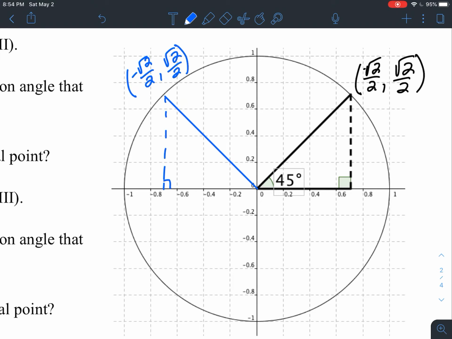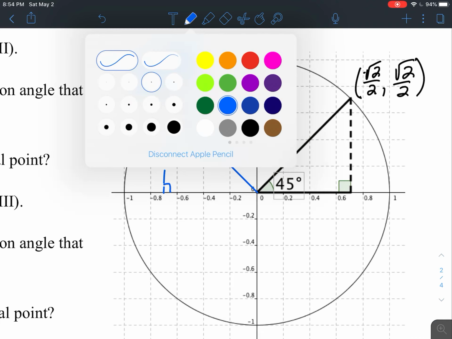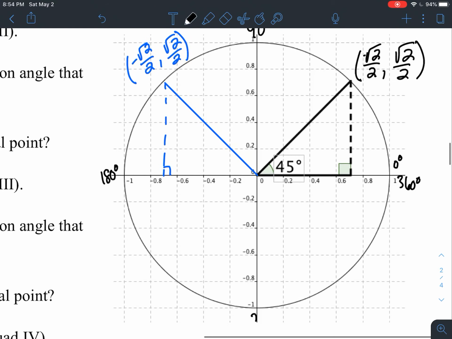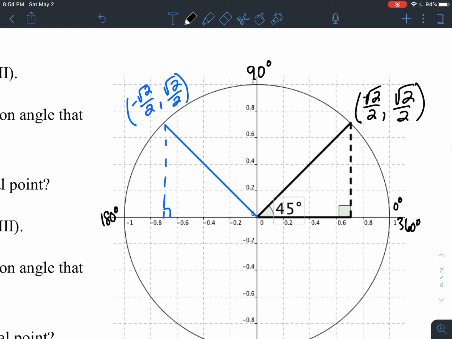Now, figuring out what angle that is takes some practice. If we label the axes, this is 0 degrees or 360, this is 90, this is 180, and this down here is 270. We're halfway between 90 and 180.